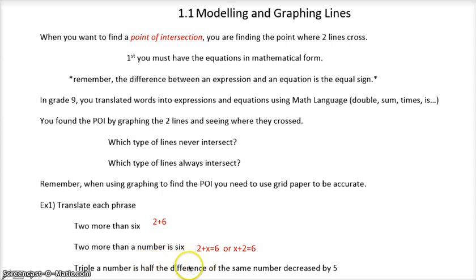Half the difference, you can either write that as 0.5 times, or you can put in brackets the part that's remaining and then divide it by 2. The same number, so the variable that you used on the other side, decreased by 5. Okay, so notice we put x minus 5. So again, you can put 0.5 times that in brackets, or after the brackets you could say divided by 2.